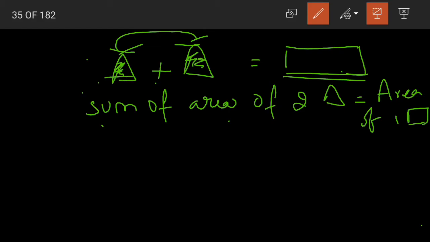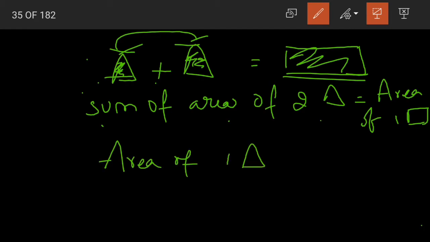Now what if I want to find out the area of one triangle? The area of two triangles is equal to one rectangle. But what is the area of one triangle? The area of one triangle is equal to half of the area of the rectangle.